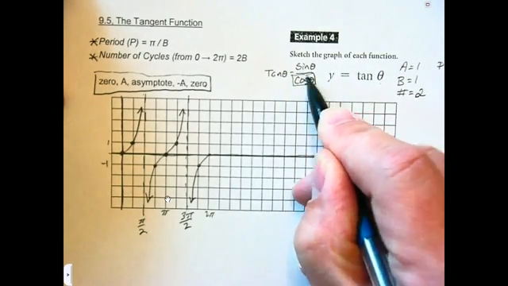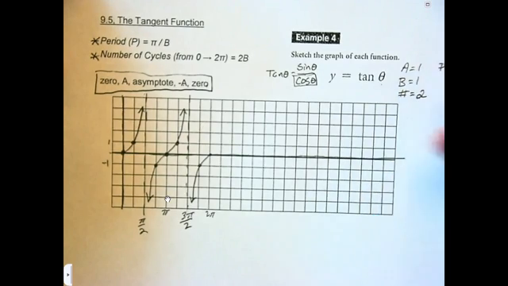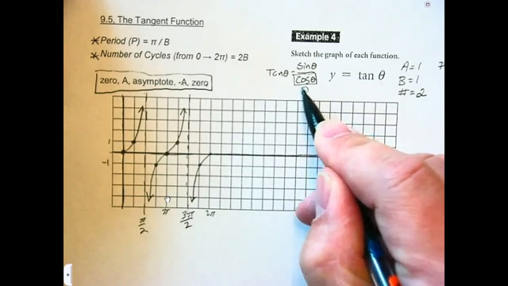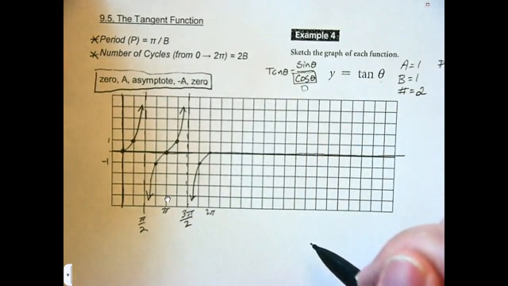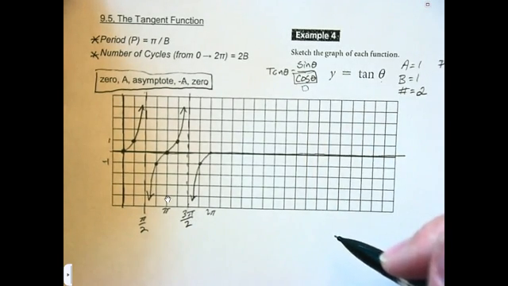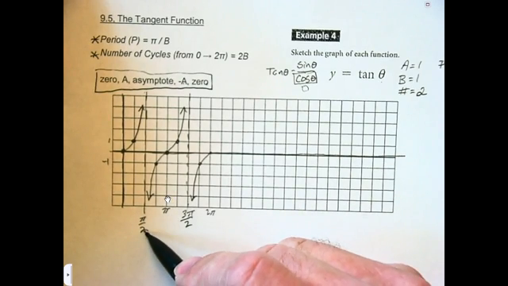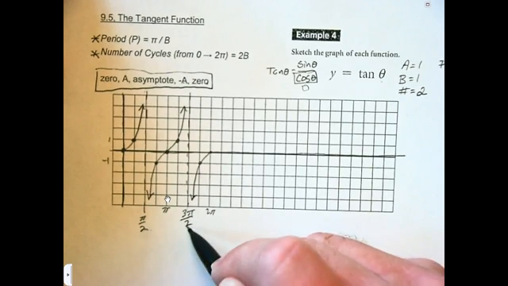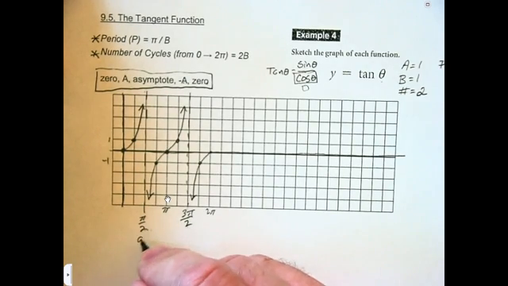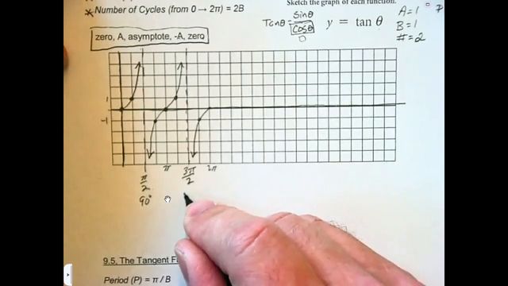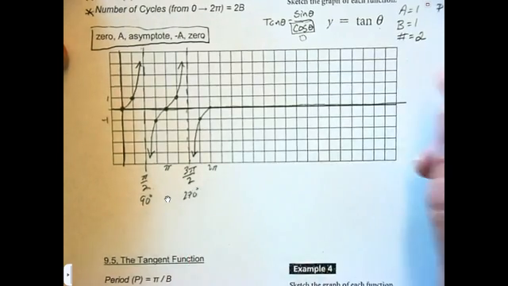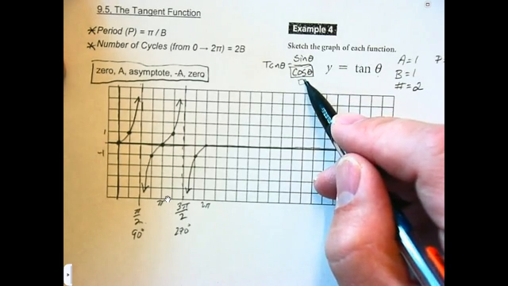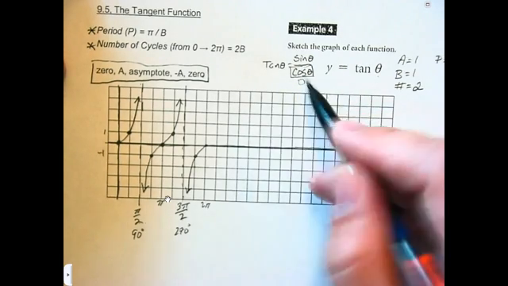At what point is cosine 0 on the unit circle? 90 degrees, or 270, which is pi over 2 and 3 pi over 2. That is why we have asymptotes there, because at that point cosine is 0, and we're dividing by 0.